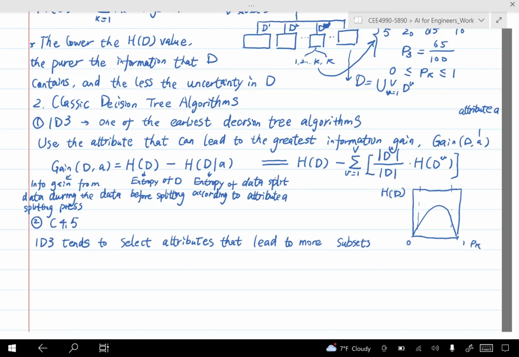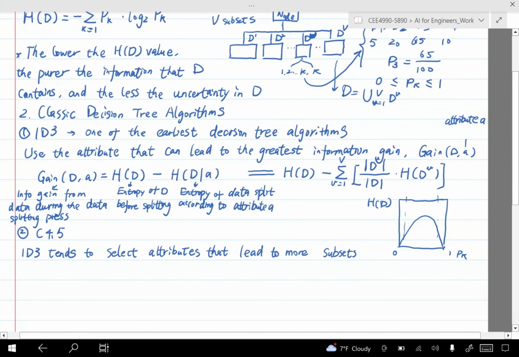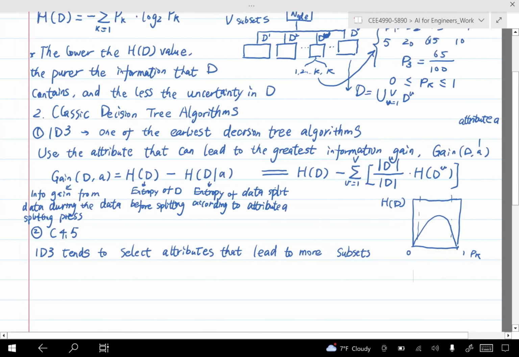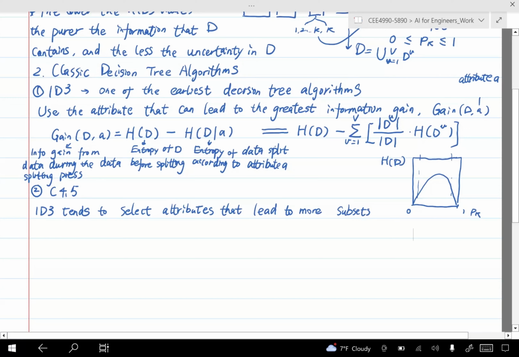When pk is really small, close to 0, or very large, close to 1, then the information entropy value will be very small. And we want to get the highest drop. So we want to make sure that the information entropy of the subsets will be very small. In that case, we want to get more subsets, because when we get more subsets, each subset will have fewer samples. So we will be inclined to get lower information entropy values.